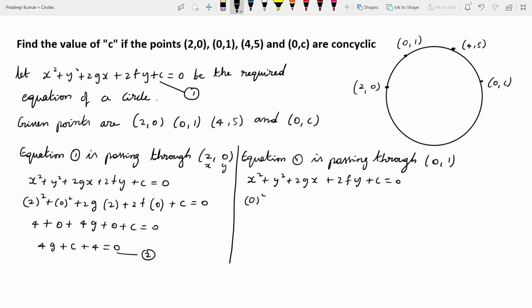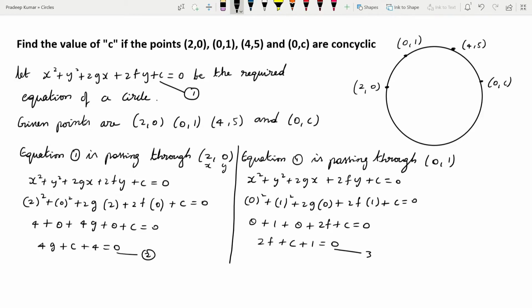So 0 squared plus 1 squared plus 2 into g into 0 plus 2 into f into 1 plus c equal to 0. Now this is 0 plus 1 plus 0, so this is 2f plus c. Writing this in sequence, 2f plus c plus 1 equal to 0. Let's say this is equation 3.